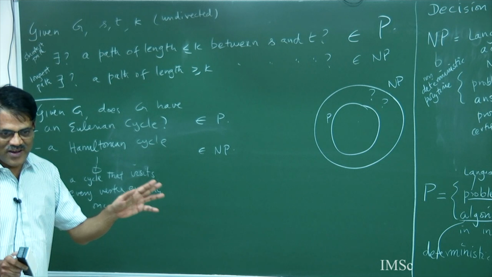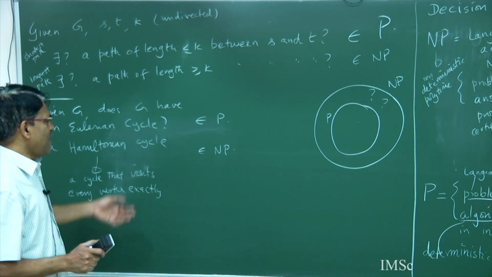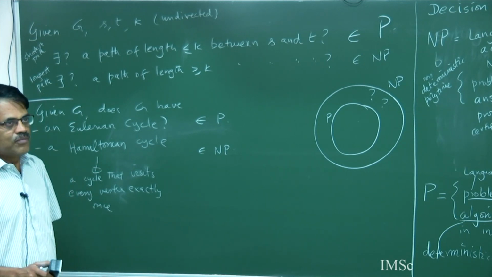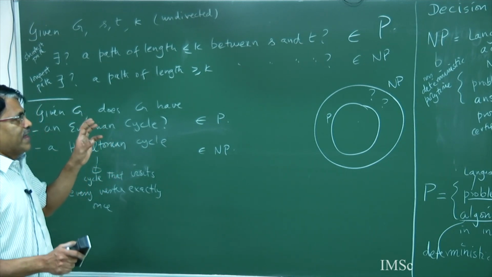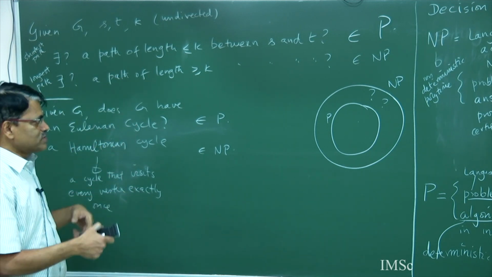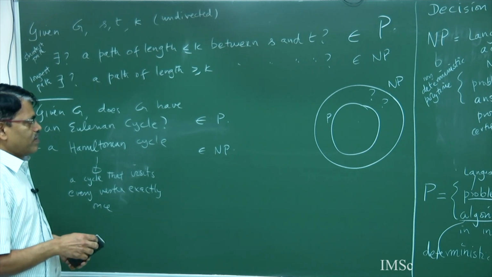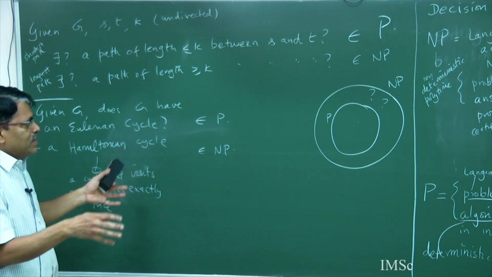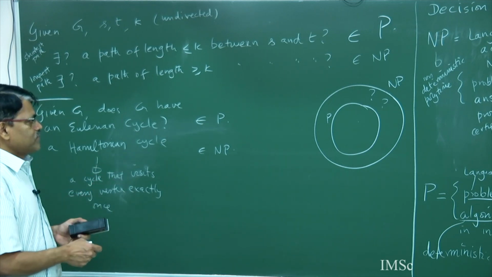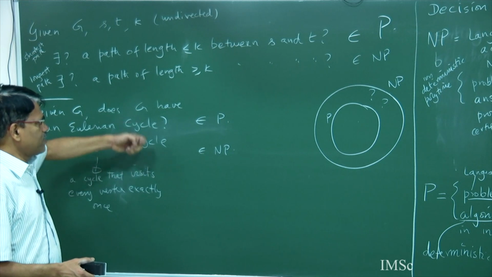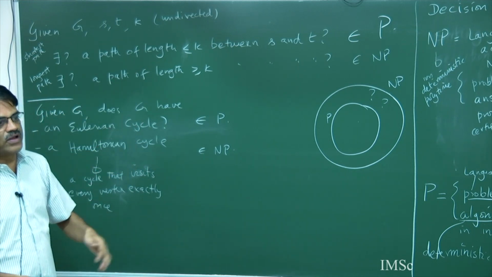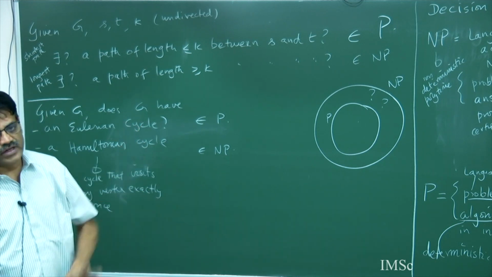Not based on whatever I have told you, because it just says that here is one more NP problem which you can put in polynomial time. But it turns out Hamiltonian cycle and longest path belong to a special class which we are going to define called NP complete, which means that a polytime algorithm for any one of them will yield a polytime algorithm for all of them, resolving that question.